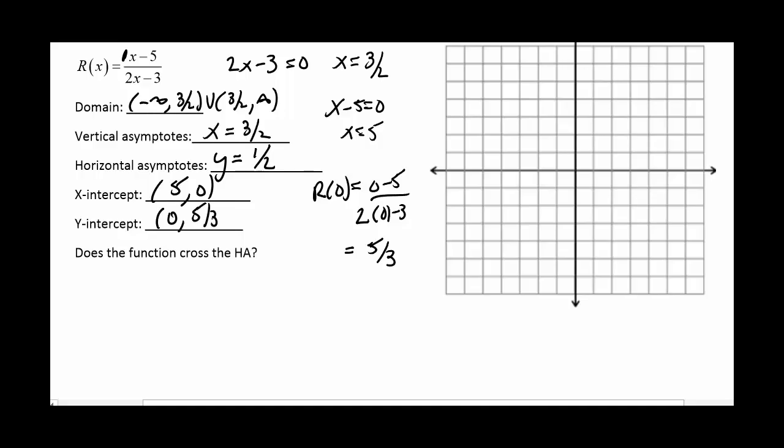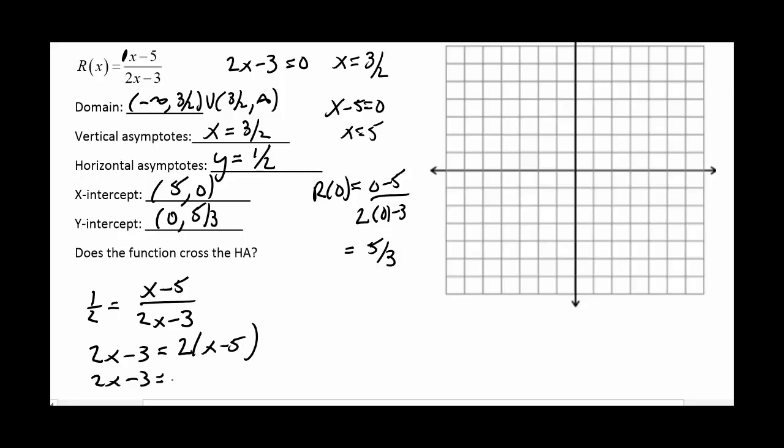Okay, and does this cross the horizontal asymptote? So let's see, let's take our HA, so 1/2, and set it equal to our function. All right, let's see if we actually get a solution of some kind with this. So I think we'll just cross multiply. Let's do that. So 2x minus 3 equals 2 times x minus 5.